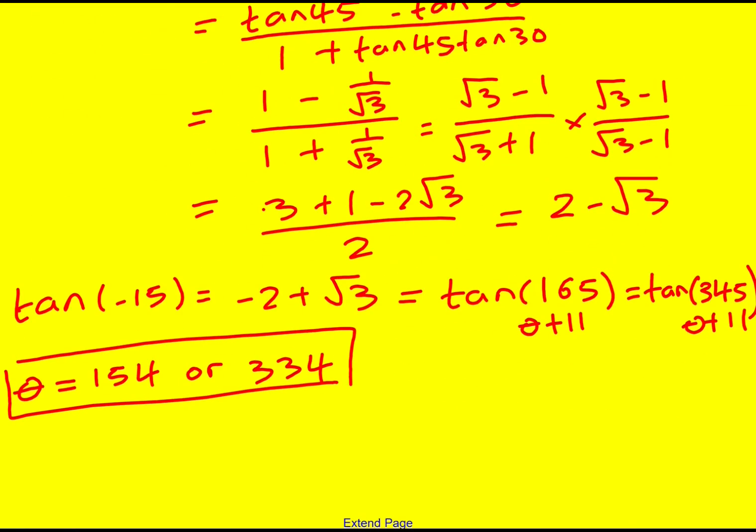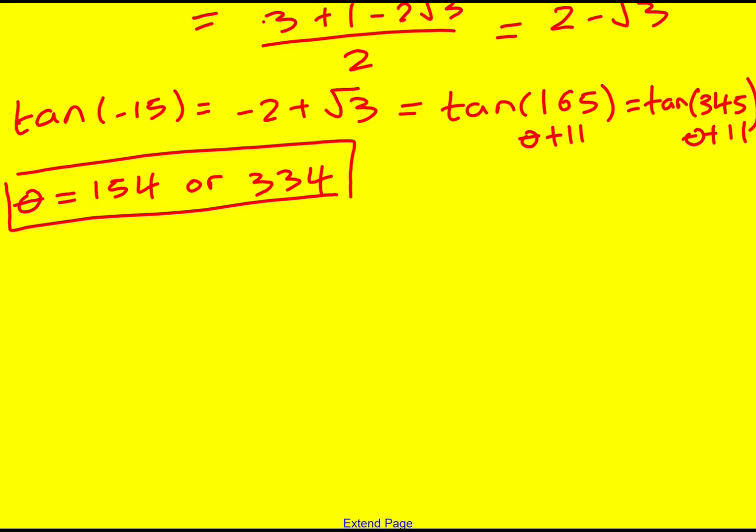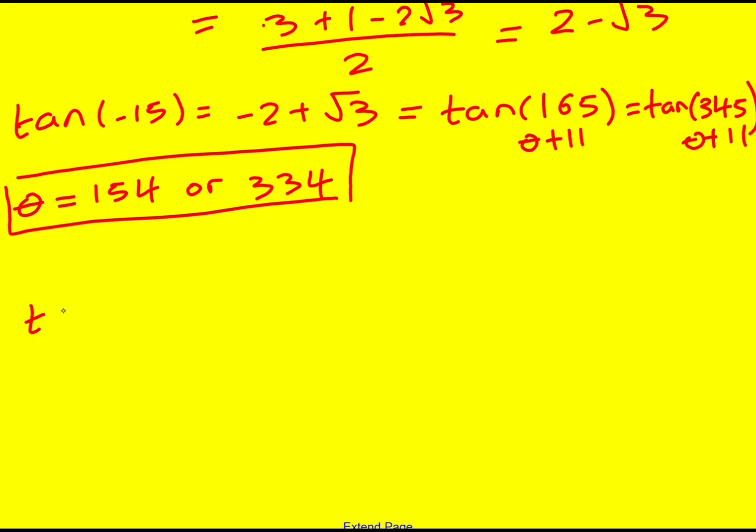The next step is to realize you've got to do 75. So tan 75 is going to be tan, let's go with 30 plus 45.